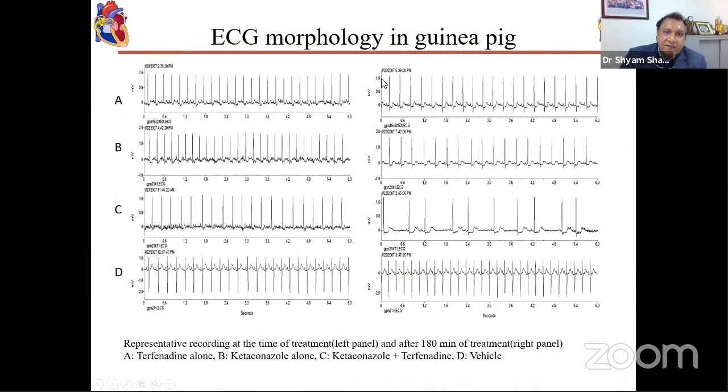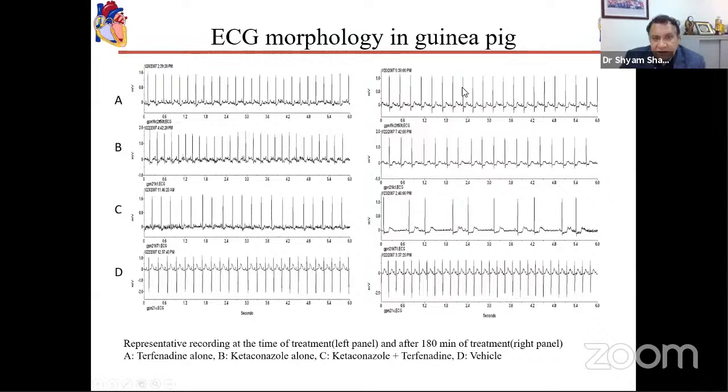If you look at the ECG morphology in guinea pig, the C panel, you can see, is the one where we used the combination of ketoconazole and terfenadine. And you can see very clearly there was a QT prolongation.